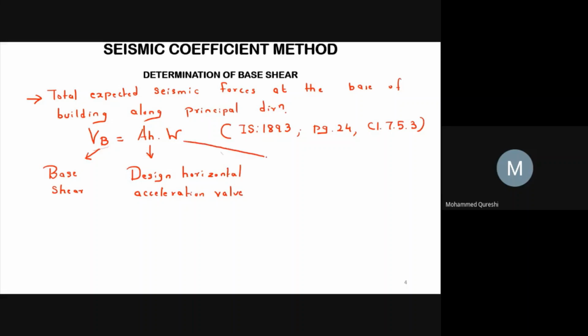And your last is capital W, that is nothing but the seismic weight of the building. So, in this way, you may calculate the base shear. We will see in the next PPT the calculation of AH and W.